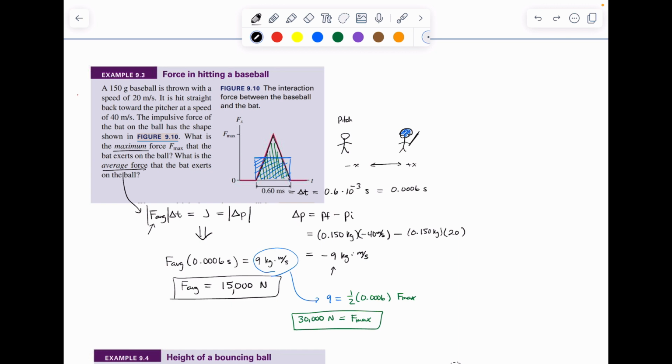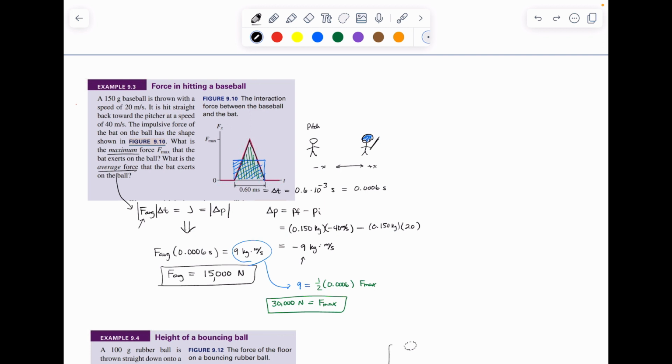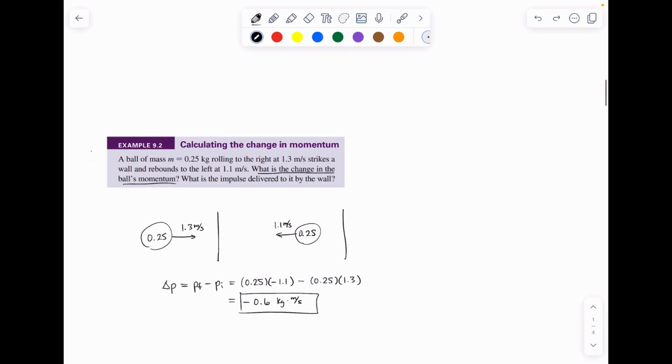The inelastic and elastic aspects of momentum really start to shine when we start talking about energy, and we're not there yet. So really, just broadly speaking, if you can categorize something as elastic or inelastic, that's really the only kind of conceptual style question I could ask you. But yeah, make sure you know how to use the conservation of momentum, or how to recognize if an impulse is being delivered and how to use that impulse.